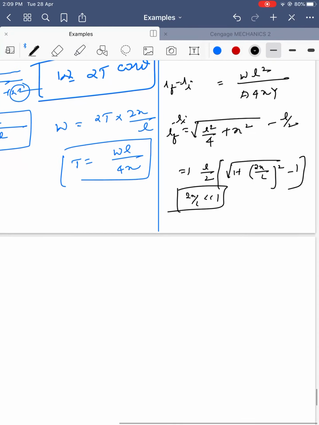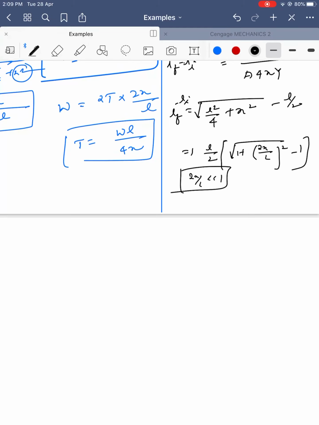L by 2 into the formula which I am supposed to explain to you: 1 plus x whole power n is equal to 1 plus n into x, something of this kind of expression we'll get. So here we will get 1 plus 2x by L whole square, power 1 by 2.